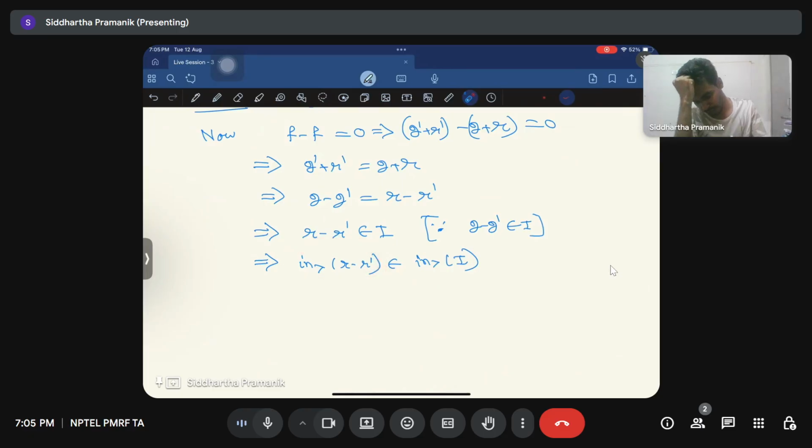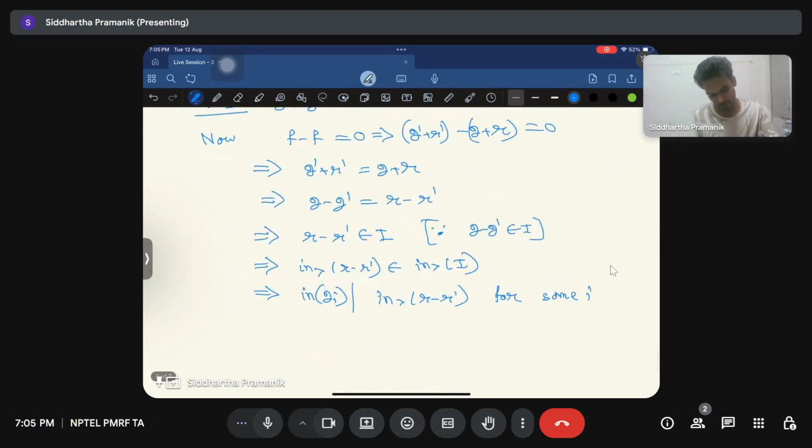So the initial term of some Gi must divide the initial term of R minus R prime, because G1 up to Gm is a Grobner basis for I. But what is the initial term of R minus R prime?